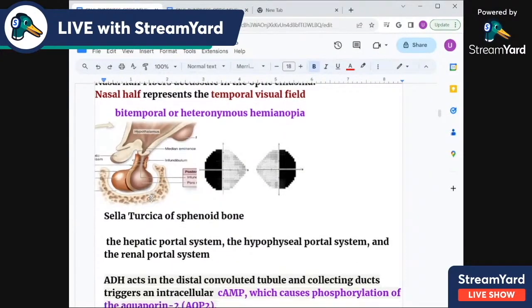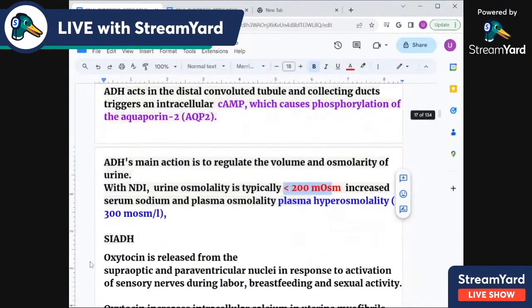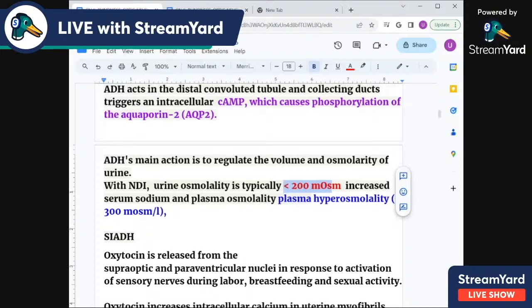There is also a condition known as SIADH, syndrome of inappropriate ADH production. That's increased ADH that causes excessive water reabsorption in the kidney. So urine becomes less in amount, and the blood volume and serum become more in amount. So the osmolality of the body fluids will be decreased.